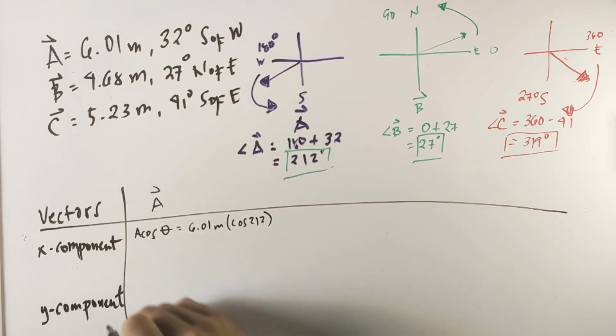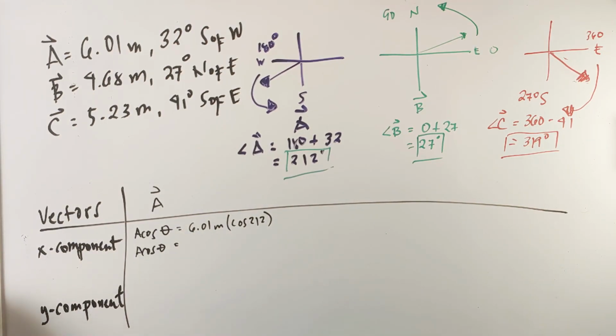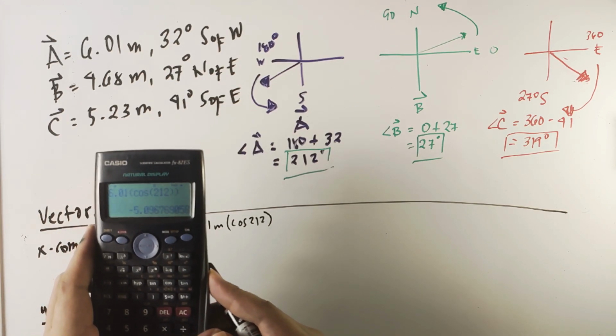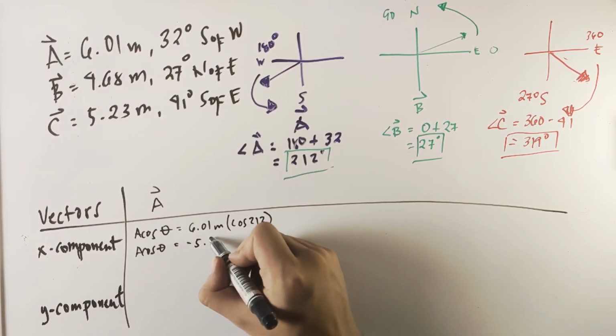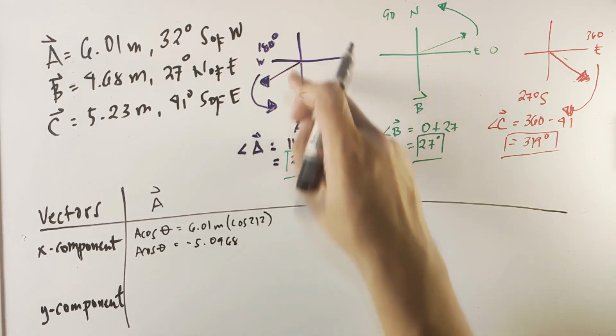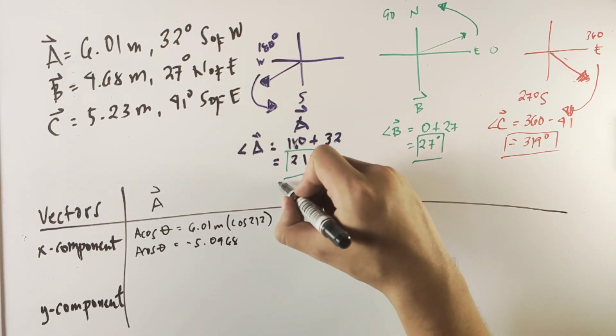So our A cosine theta is 6.01 times cosine 212. So here it is, negative 5.0968. And if you're going to check, it would make sense since our vector is on the negative x-axis, correct? Alright, so let's set that aside.